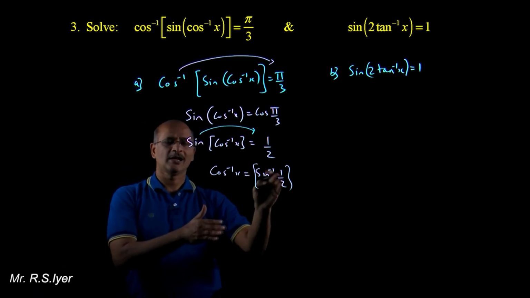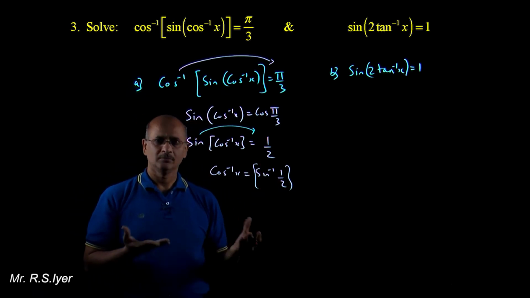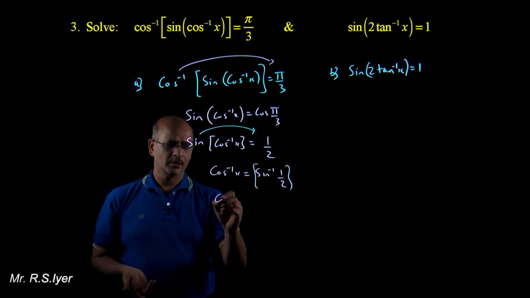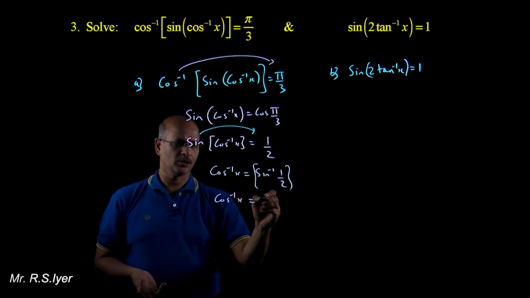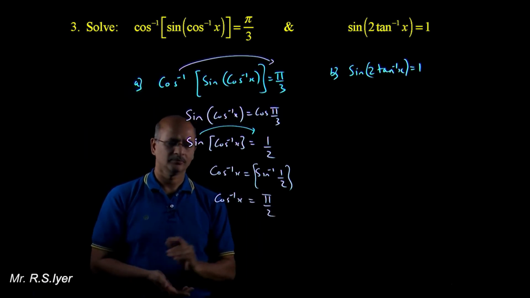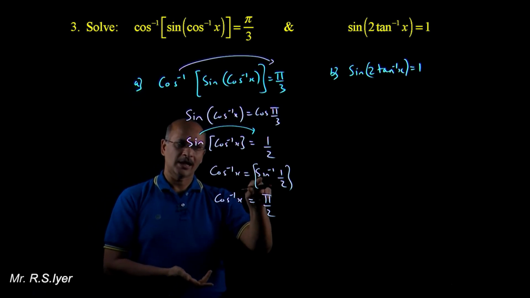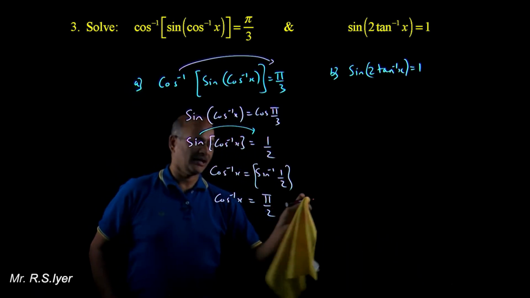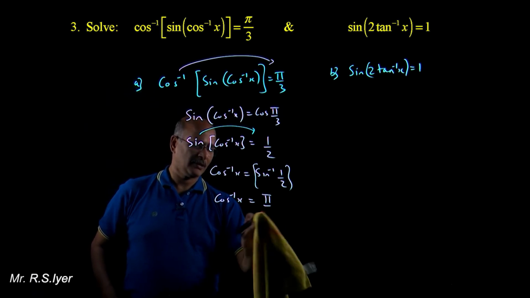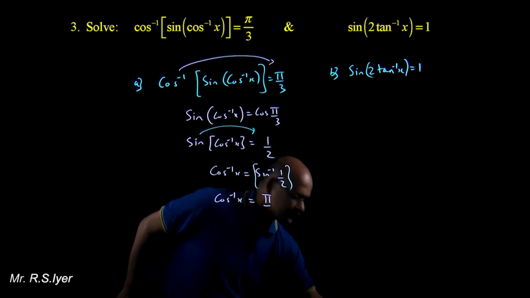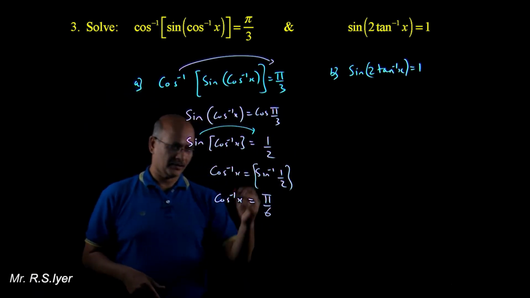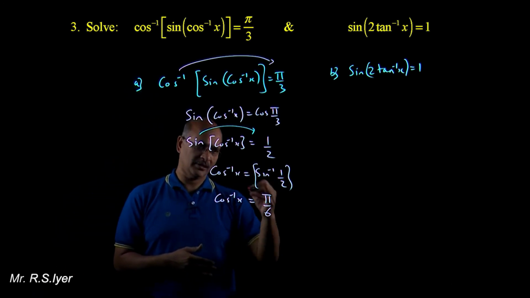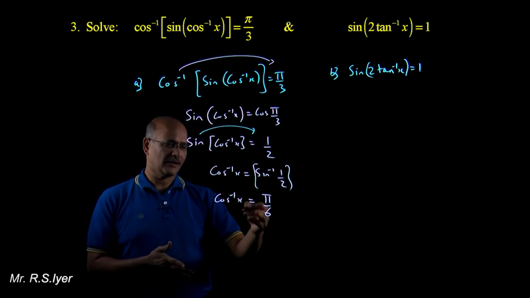Whose value of sine is 1 by 2? Sorry, sine inverse half is pi by 6, that is 30 degrees, because sine 30 is half. So, sine inverse half is pi by 6.